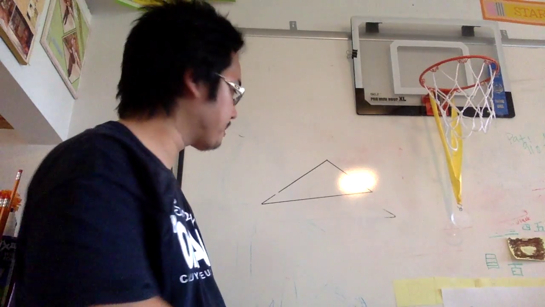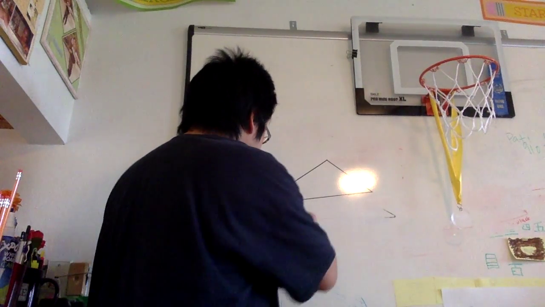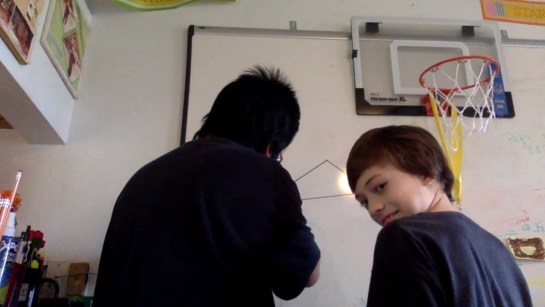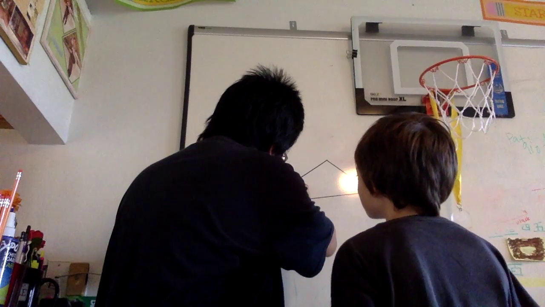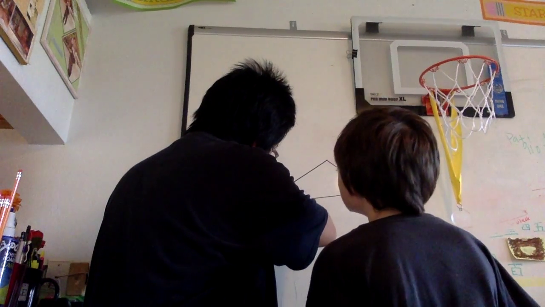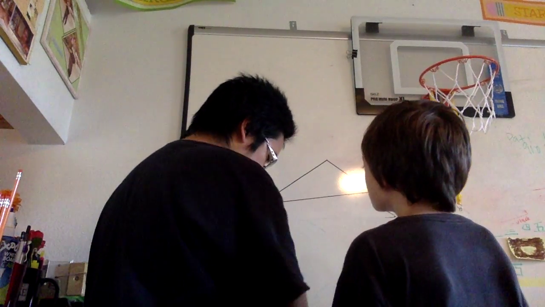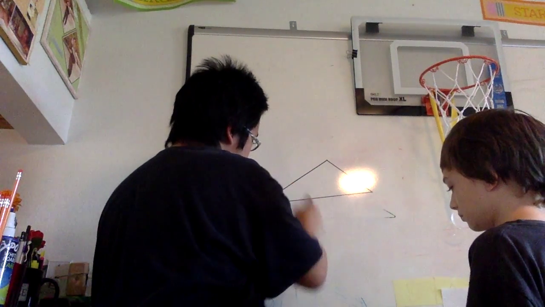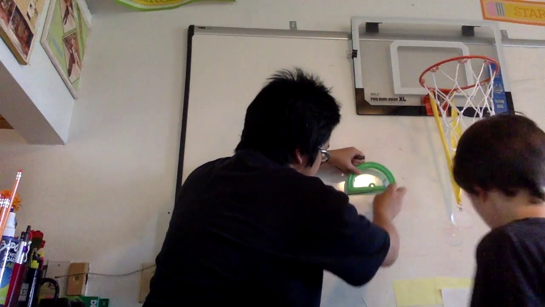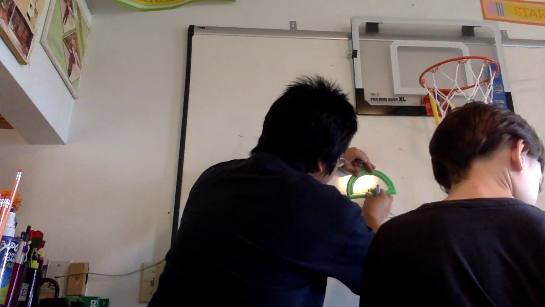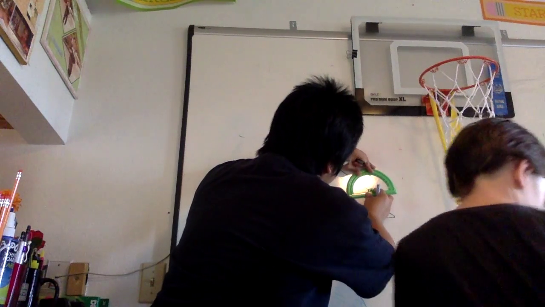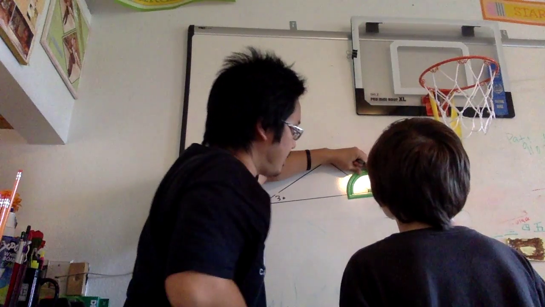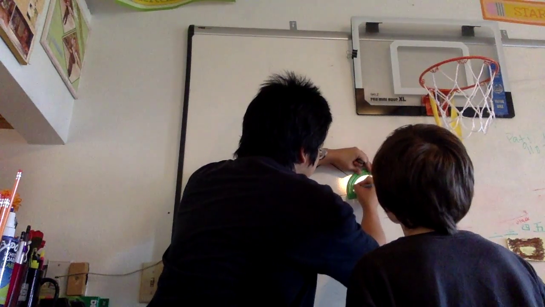Okay, so let's measure. Come close. Right about here, this measures out to be about 30 degrees. You see that? Maybe 29. Let's say about 30. Okay, let's measure this one. What do you see? Here's 40, here's 50, so that's about 45.